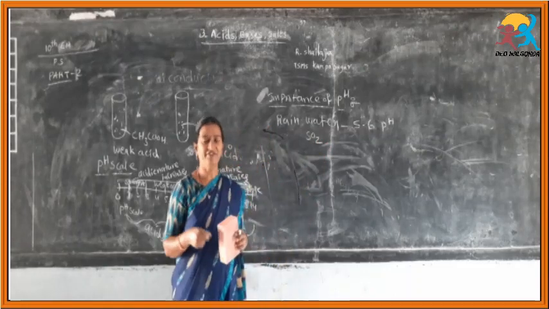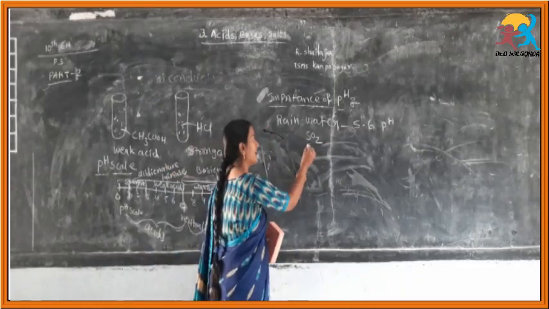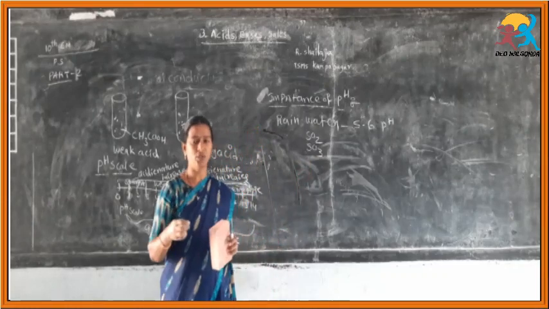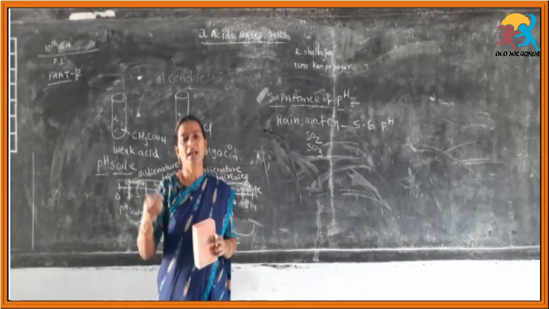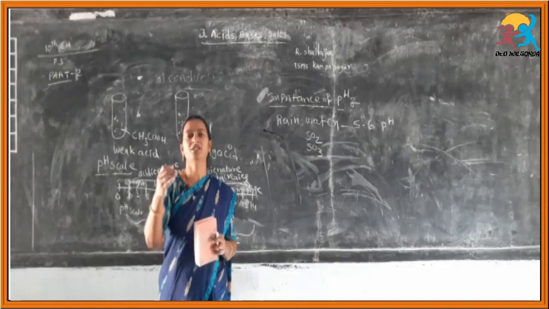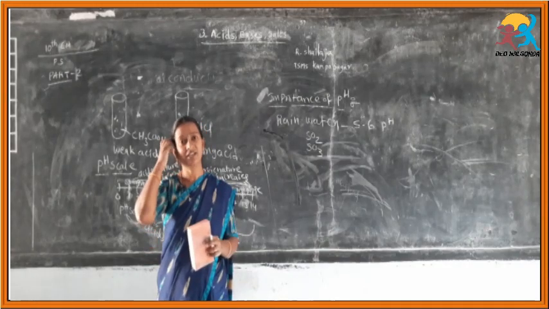In the environment, if sulfur dioxide and sulfur trioxide gases are released into the atmosphere in large amounts, then while raining, the rainwater mixes with them and forms sulphurous acid and sulphuric acid.